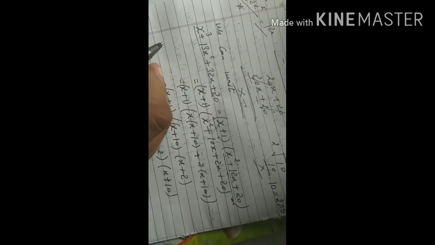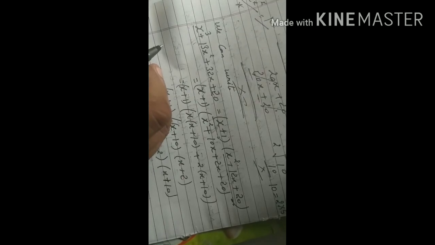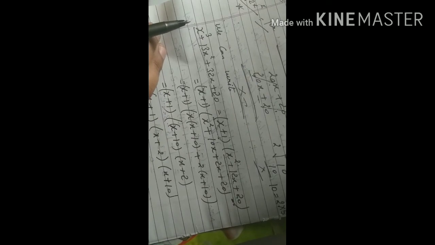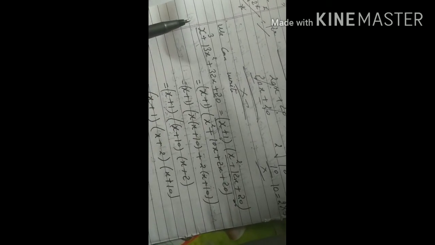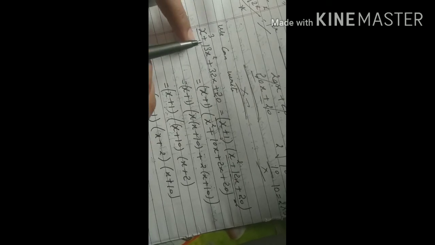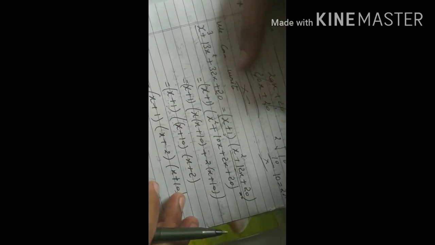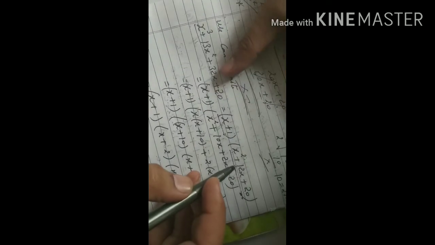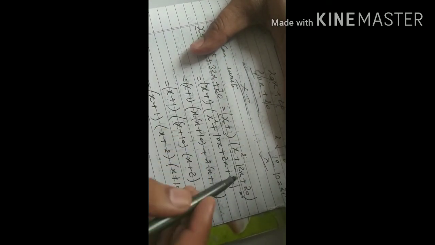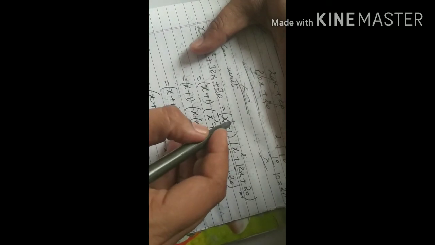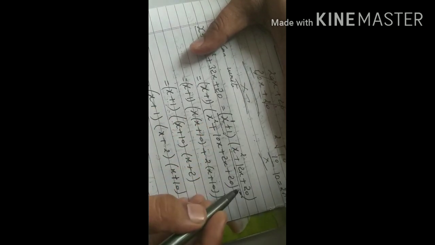If it is a cubic polynomial, then the number of factors of this polynomial is 3. We get these factors: one is a linear factor and the other is a quadratic factor. Clear?